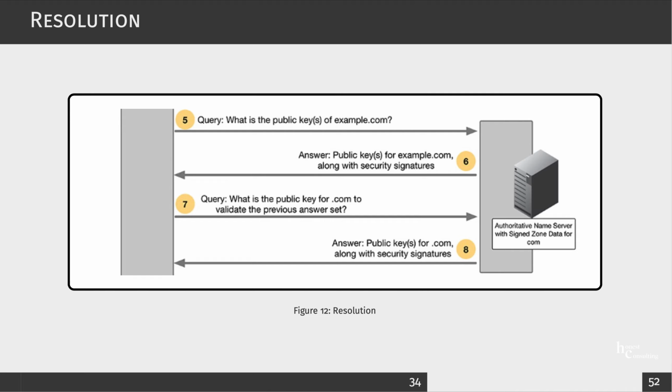So in that case, the validating resolver has to validate if the key that was used to sign the entire zone, which actually means the key signing key in that case, by asking the parent zone for the public portion of the key signing key. And the answer would be the key for the specific DNS zone.